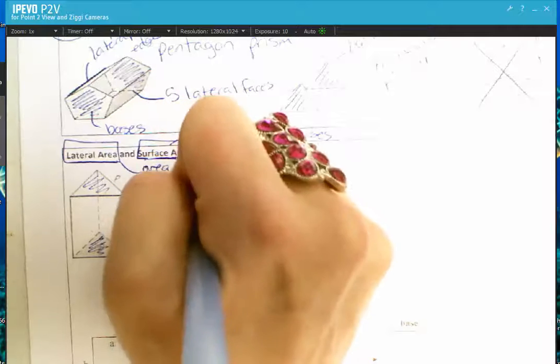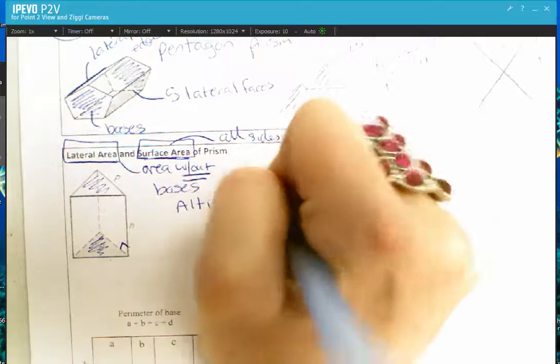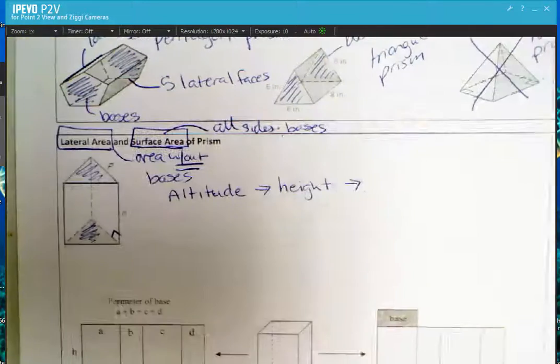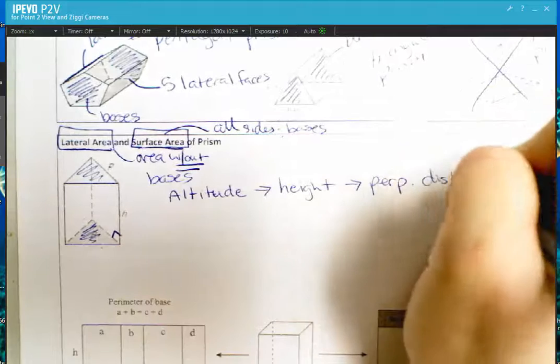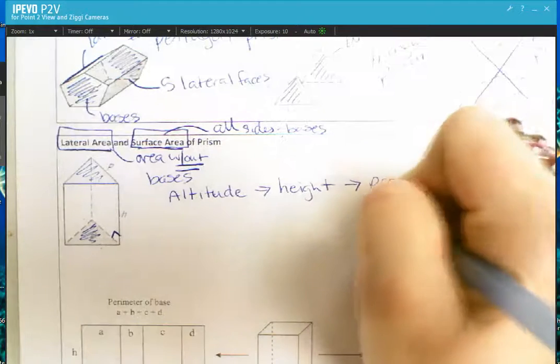So altitude, you're going to say it called altitude, which equals height, which equals my perpendicular distance between bases.